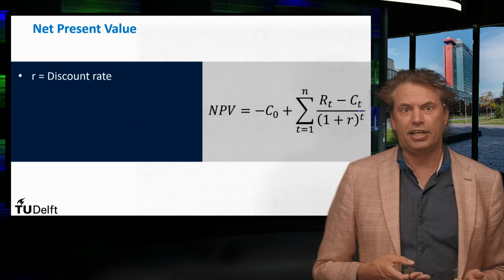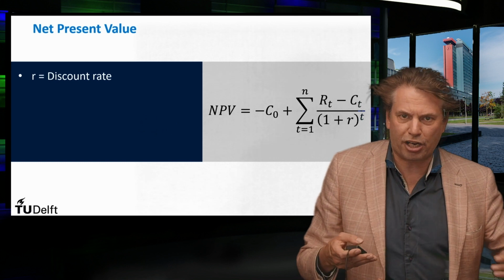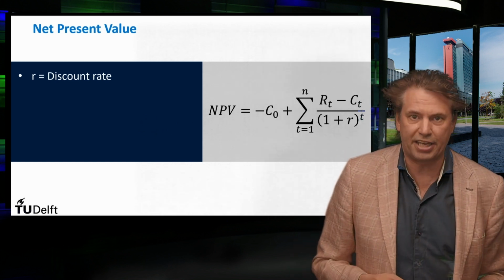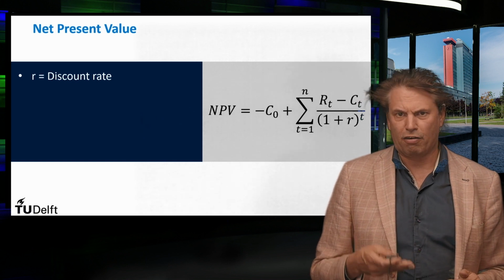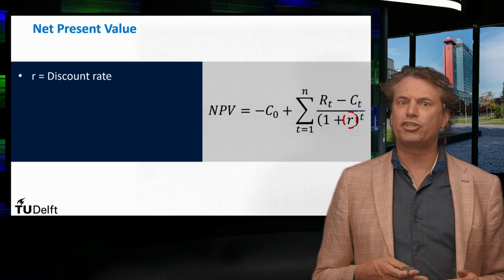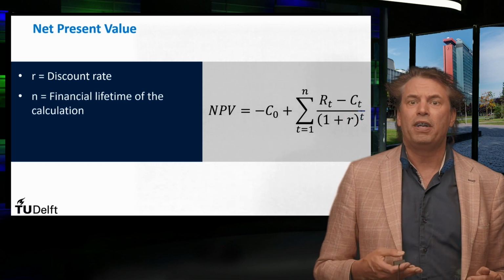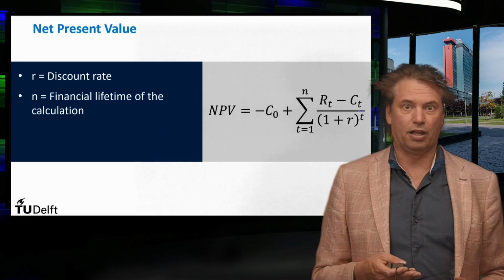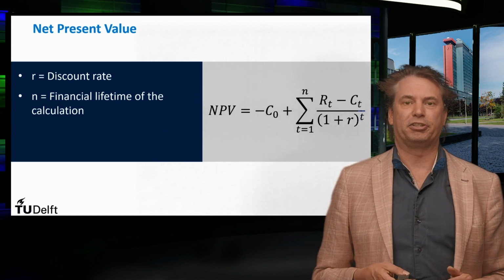Then R is the discount rate, which is used to discount future costs and translate them into the present value, as seen in the LCOE formula. Finally, N is the financial time of the calculation from the moment when the initial investment is made until the last year of operation.